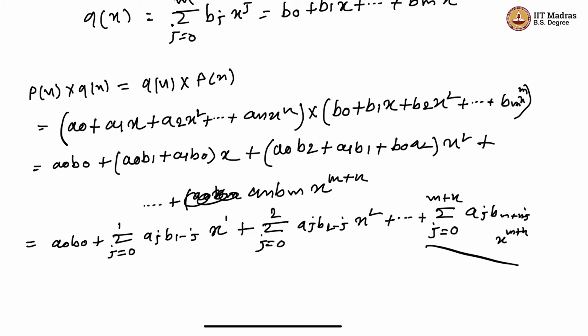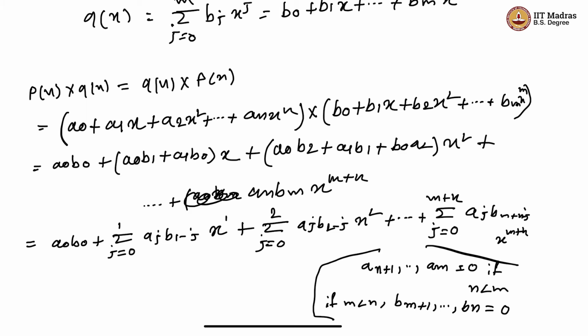Here we can consider that a(n plus 1) up to a_m is 0 if n is less than m, and if m is less than n, then b(m plus 1) up to bn is 0.